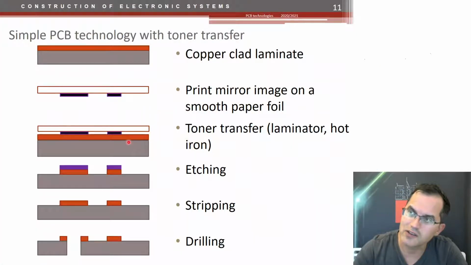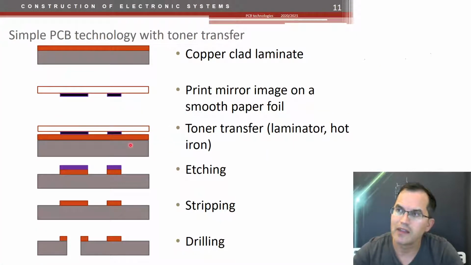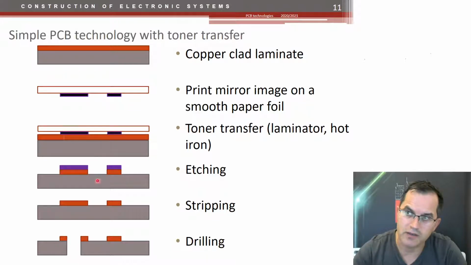So there is another option which is quite popular nowadays with home users, and this is simple PCB technology with toner transfer. What does that mean? Well, you have the same laminate, and then you print the mirror image on a very smooth and waxed paper foil. Then you attach it to the PCB, and then this toner is transferred to the copper.